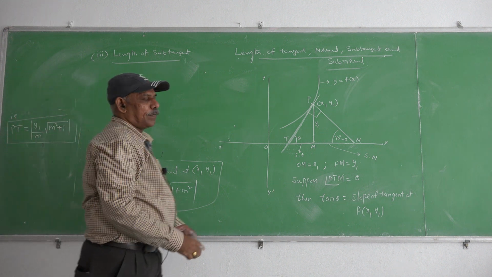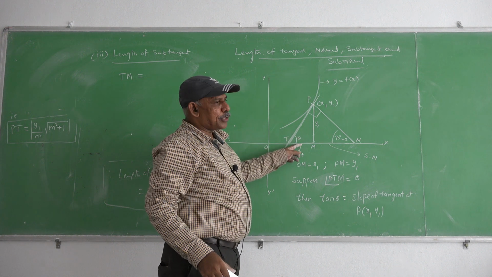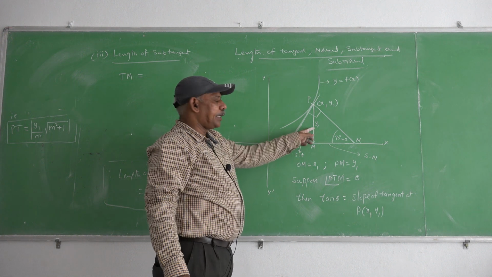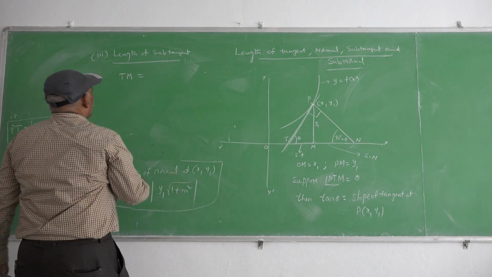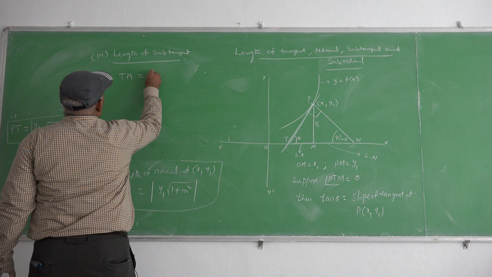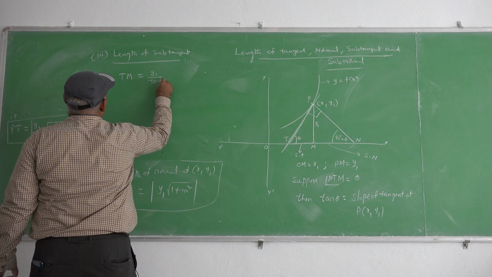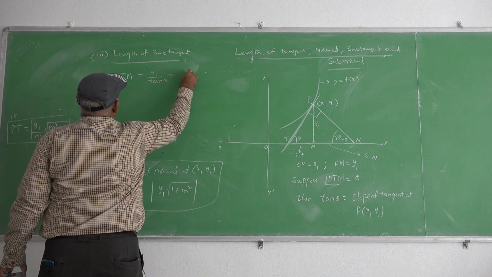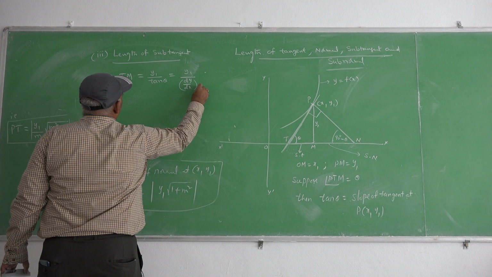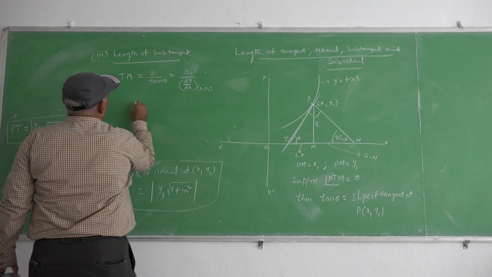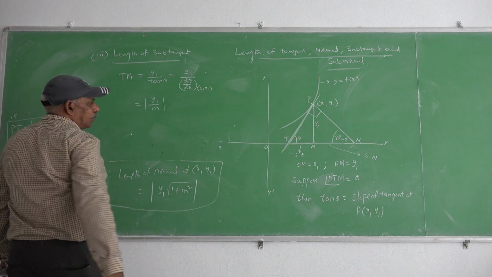TM is from this triangle, taking the ratio of these two. Tan theta is clearly y1 by TM. So TM equals y1 by tan theta. That is y1 by dy by dx at x1 y1, or that is y1 by m, with modulus.